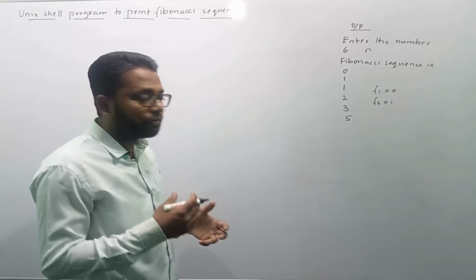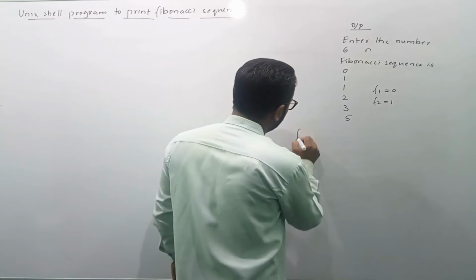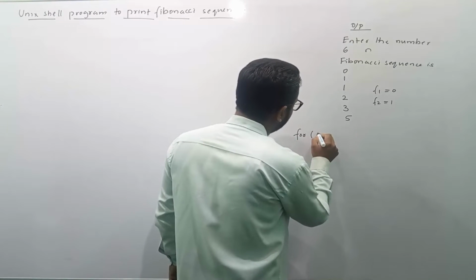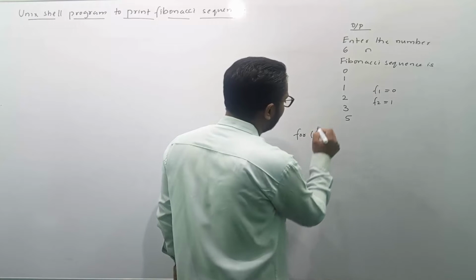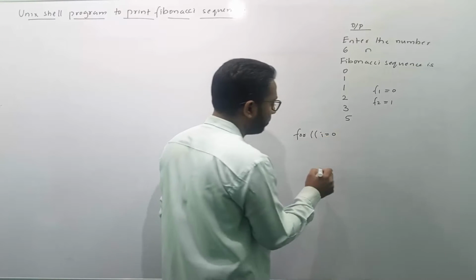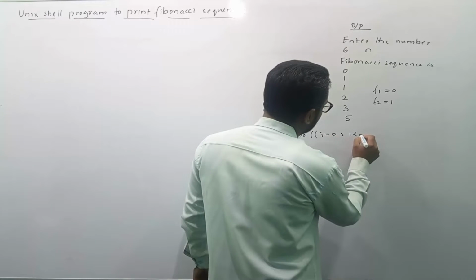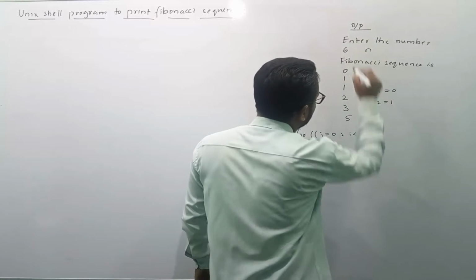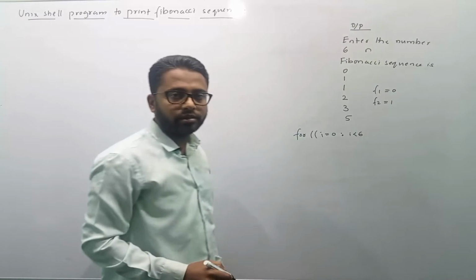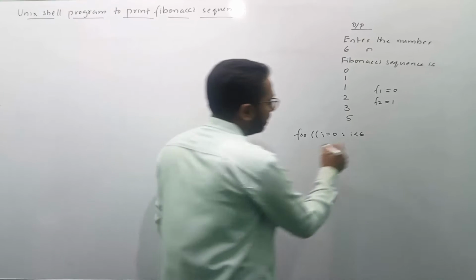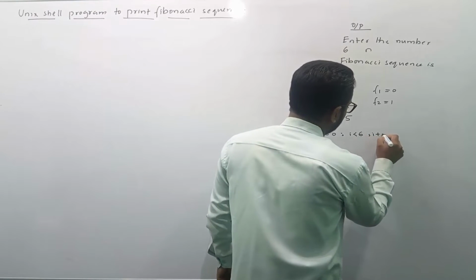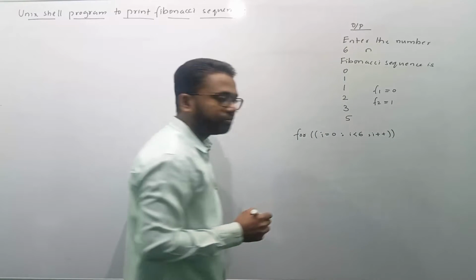So I will start a for loop with the initial value of i equals 0 until the value of i becomes this limit 6, i less than 6, semicolon, i plus plus, bracket close.